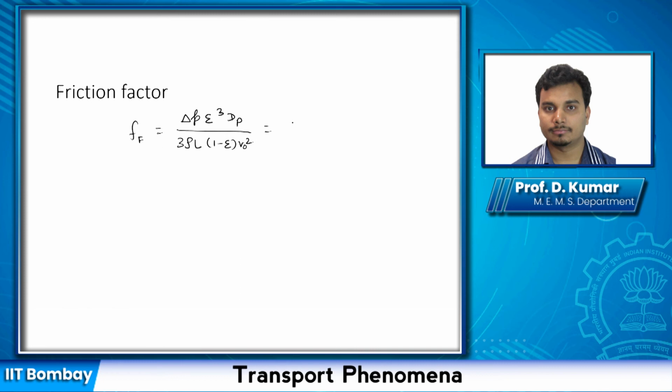So let's just rearrange it a little bit. We can write this as delta P by rho V naught squared, and then you have dP by L, and then you have epsilon Q by 1 minus epsilon, and of course you have a factor of 1 by 3.